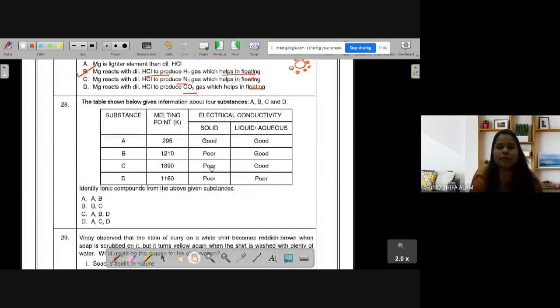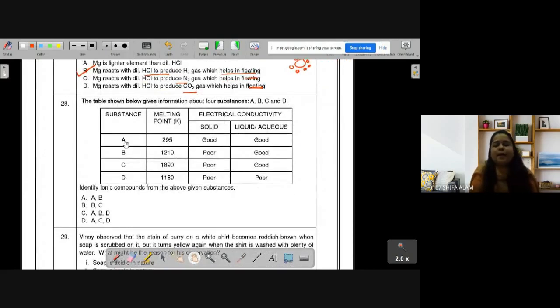Next question. They have supplied us with 4 different substances where the melting point has also been provided. Now, these 4 substances conduct electricity in solid and liquid or aqueous state. So, the question is, identify the ionic compound from the given substances.